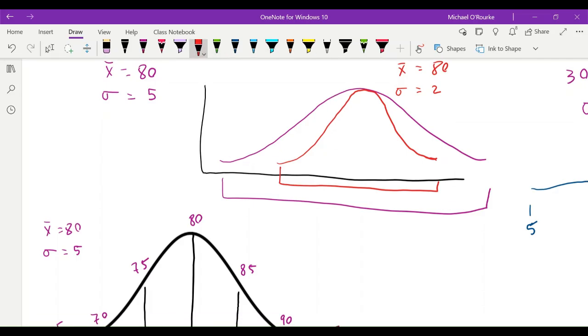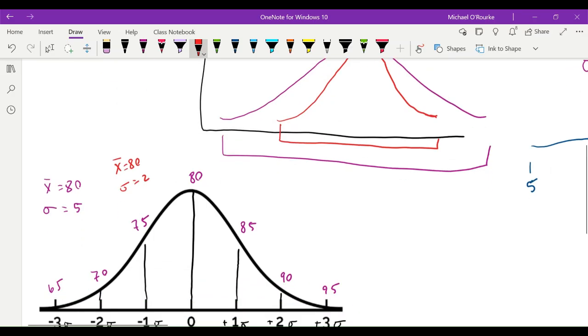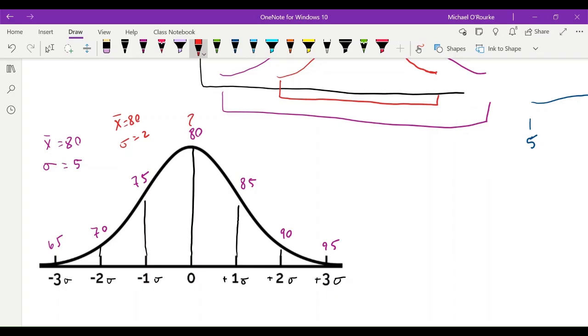And if we look at the other one, we still have an average of 80, but a standard deviation of 2. So if I do this here, I start at 80 again. This is going to be 82, 84, 86. I'm going to subtract here, so 78, 76, 74. So you can see the range of marks is going to be much smaller.